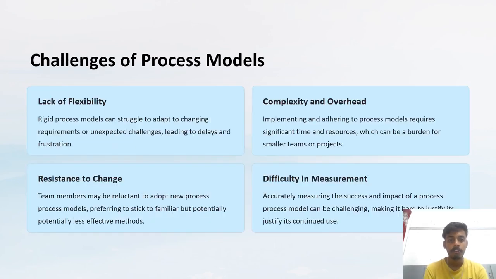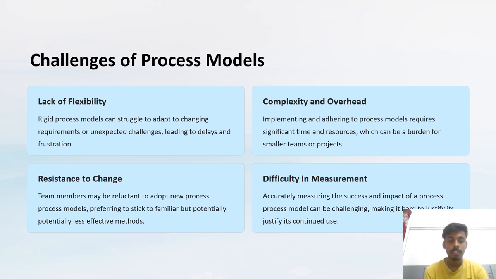What are the challenges of process models? Let us see what challenges a developer faces while using a process model. Lack of flexibility. Rigid process models can struggle to adapt to changing requirements or unexpected challenges, which will lead to delays or frustration for the employees.